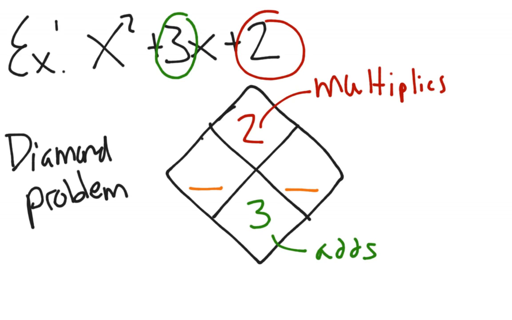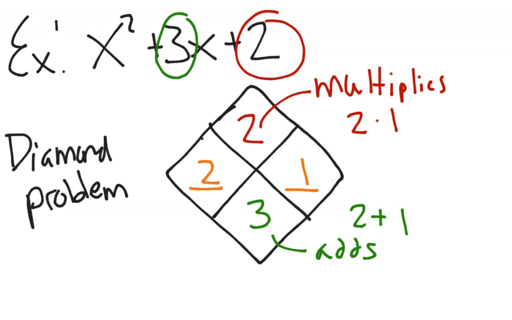So I think about what multiplies to 2. Well, the only way I know how to multiply to 2 is 2 times 1. And look, 2 plus 1 is equal to 3. So that means 2 and 1 must go in these side boxes.